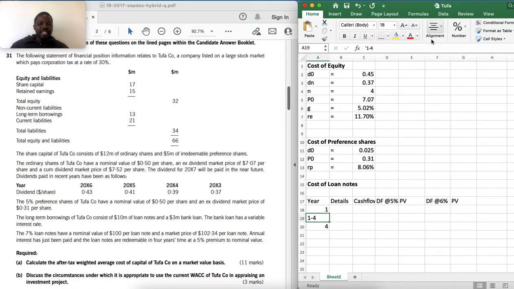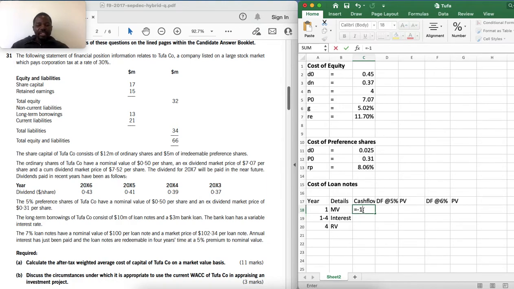So in year 1, we'll have here our market value. In years 1 to 4, we will be receiving interest, and in year 4, we will receive the redemption value. Now our cash flows.